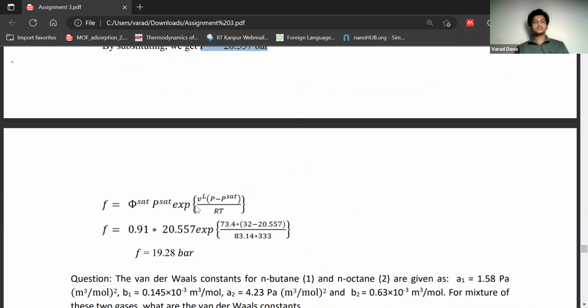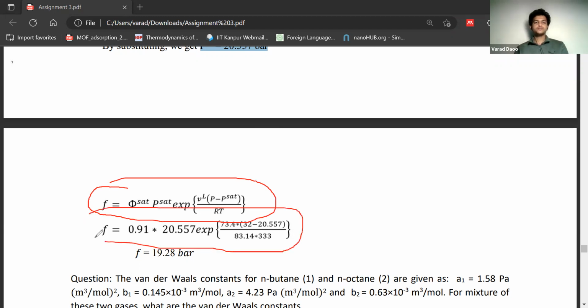Then we just need to use the Poynting correction factor, the expression for calculating the fugacity of pure liquid. The expression is: Phi sat into P sat multiplied by exponential of VL multiplied by P minus P sat divided by RT. You just put it in the formula and substitute the values, and you get the fugacity as 19.28 bar.